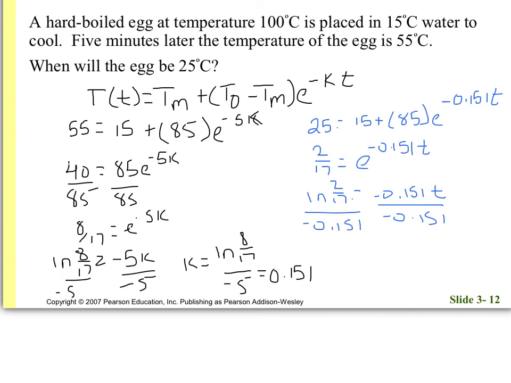The natural log of 2 divided by 17, divided by negative 0.151. It would take approximately 14.17 minutes to cool it down. Okay? So there's a Newton's law of cooling.